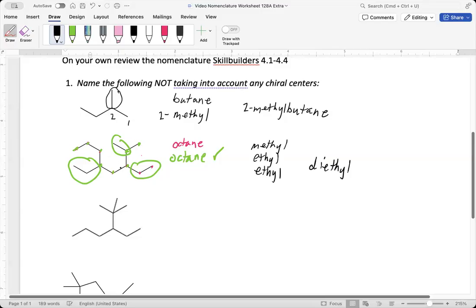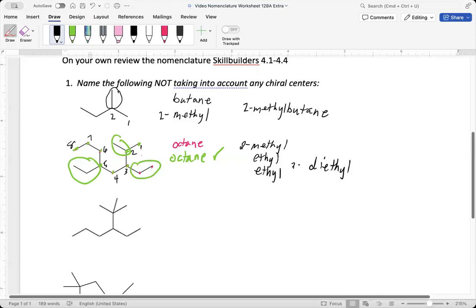Now, which way should I number? If I start numbering at the left, 1, 2, 3, 4, my first substituent gets a 4. If I start here up at the top, my first substituent gets a 2. So we're going to start at the top. 1, 2, 3, 4, 5, 6, 7, 8. So my methyl group is at the 2 position, and then my ethyl groups are at the 3 and 5 position.